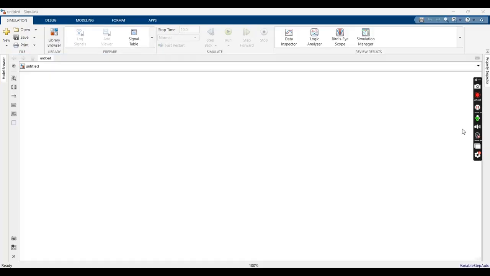To build a half-wave rectifier in MATLAB using the Simscape Electrical library, you will need a specific set of blocks. These blocks emulate real-world power electronic components. First, we need an AC voltage source to provide the input sinusoidal signal.